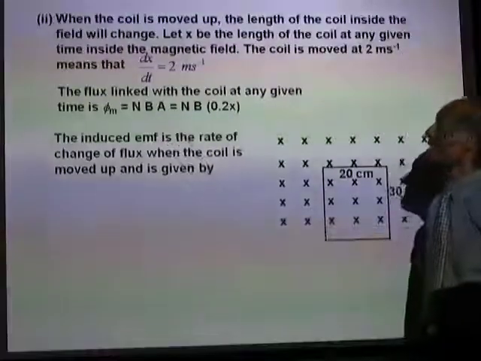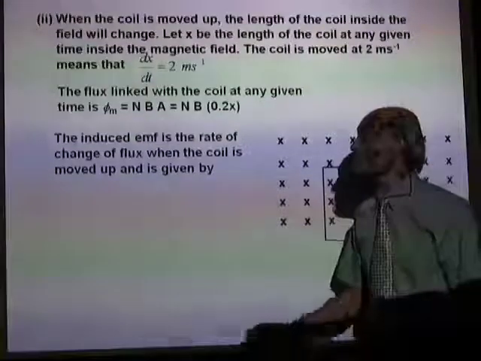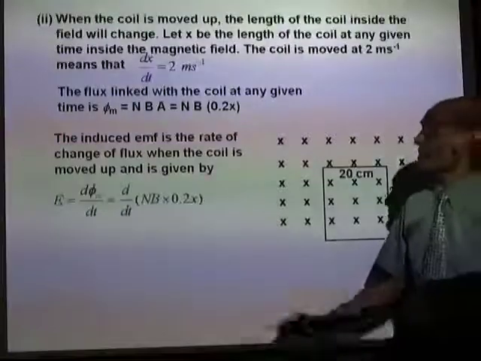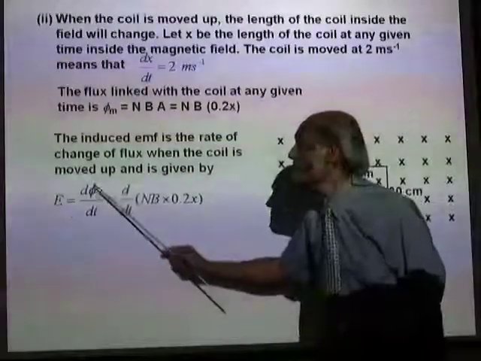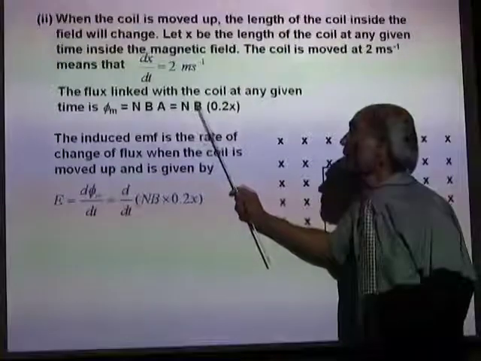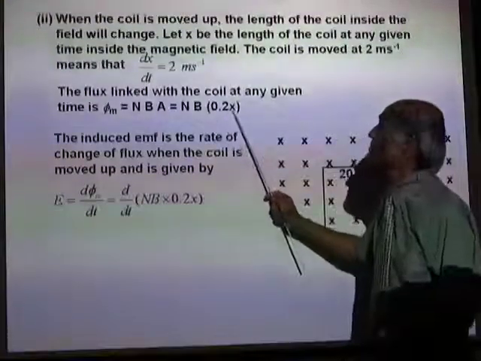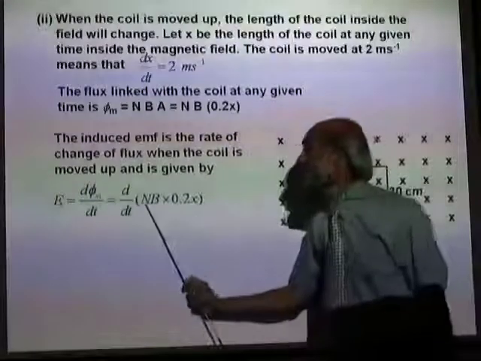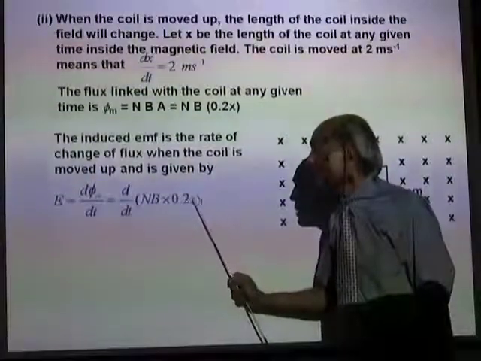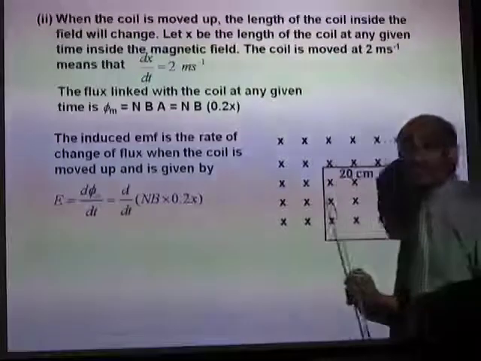The induced EMF is the rate of change of flux when the coil is moved up and is given by E equal to d phi by dt, which is d by dt of NB times 0.2x. And N is a constant, B is a constant, and what changes is x. Is that right?